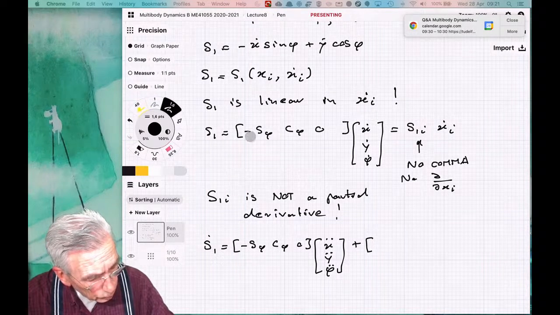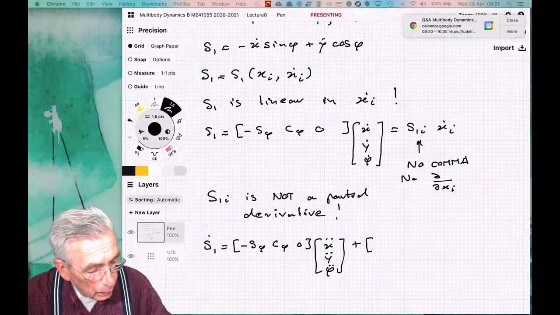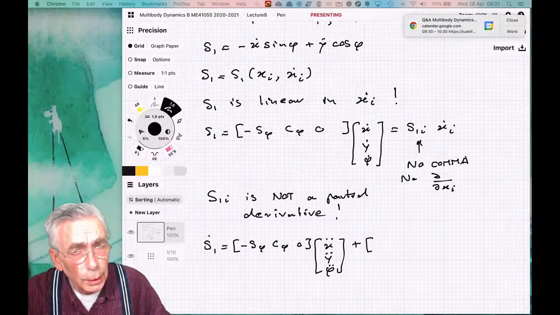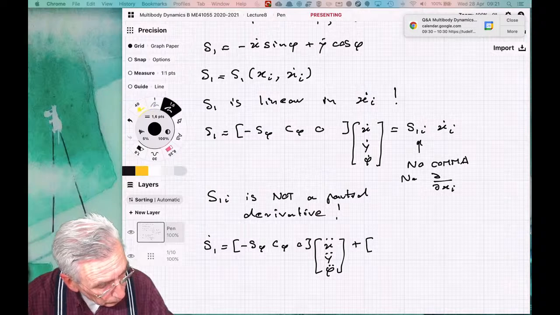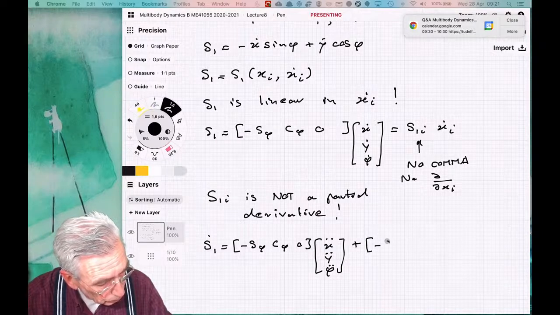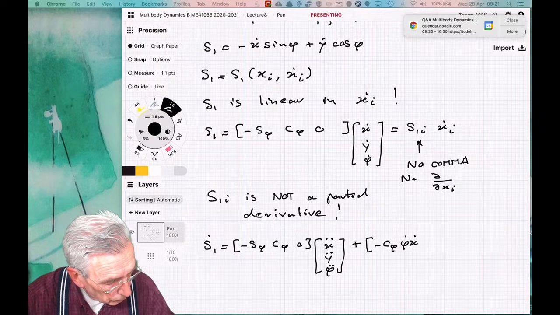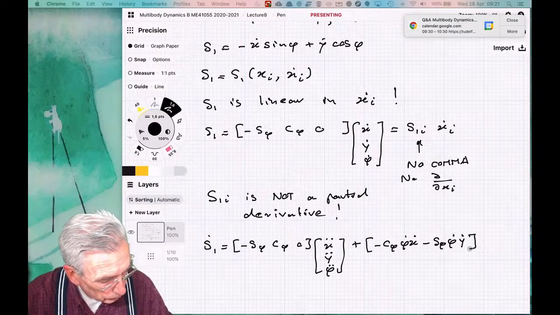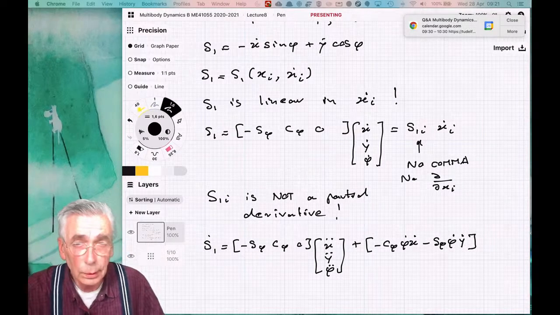So now I have to get with respect to x times x dot, well there is no x, with respect to y times y dot, there is no y, and then with respect to phi times phi dot, and there is a phi. So I get, the derivative of sine phi is cosine phi, so I get minus cosine phi, phi dot x dot, and then for the second term I get minus sine phi, phi dot y dot. And this is what we call the convective term, right? These are these convective things.